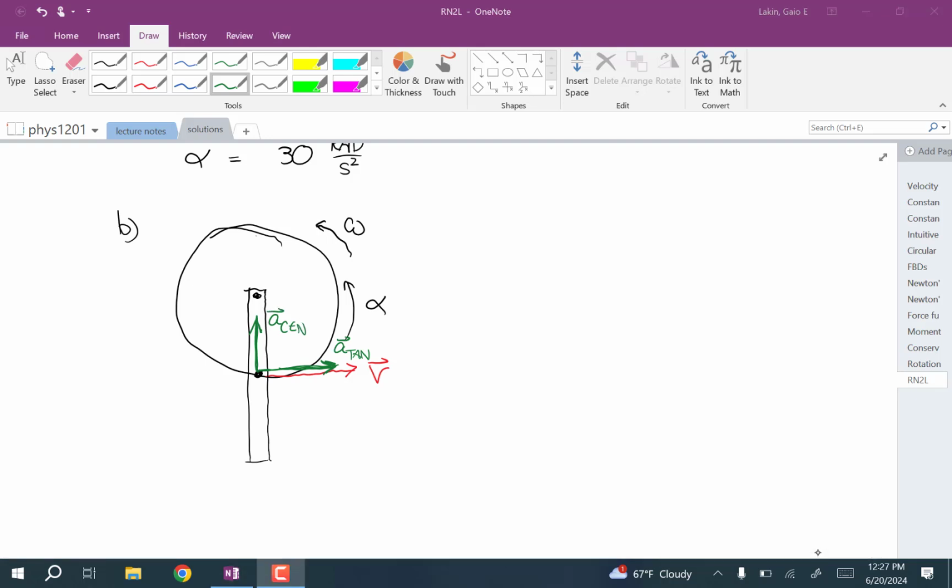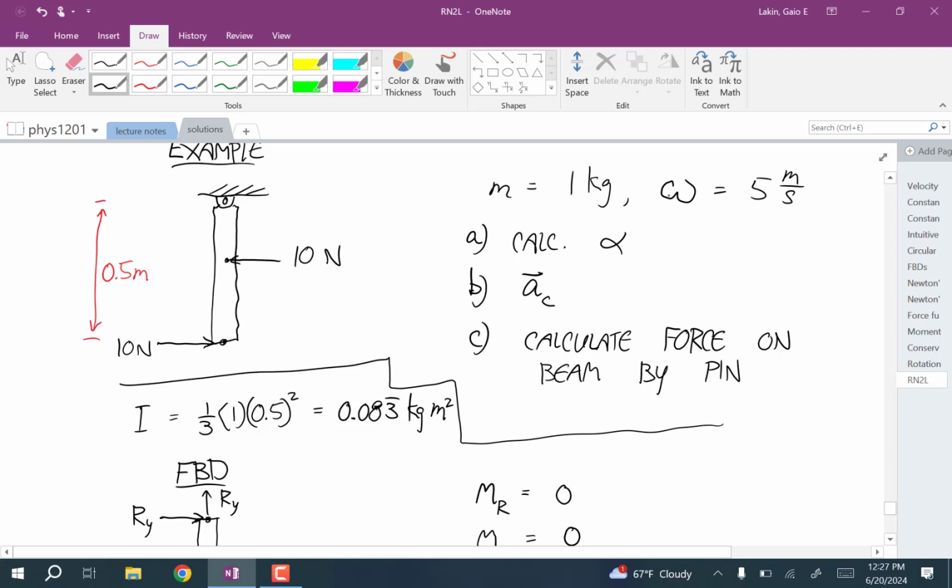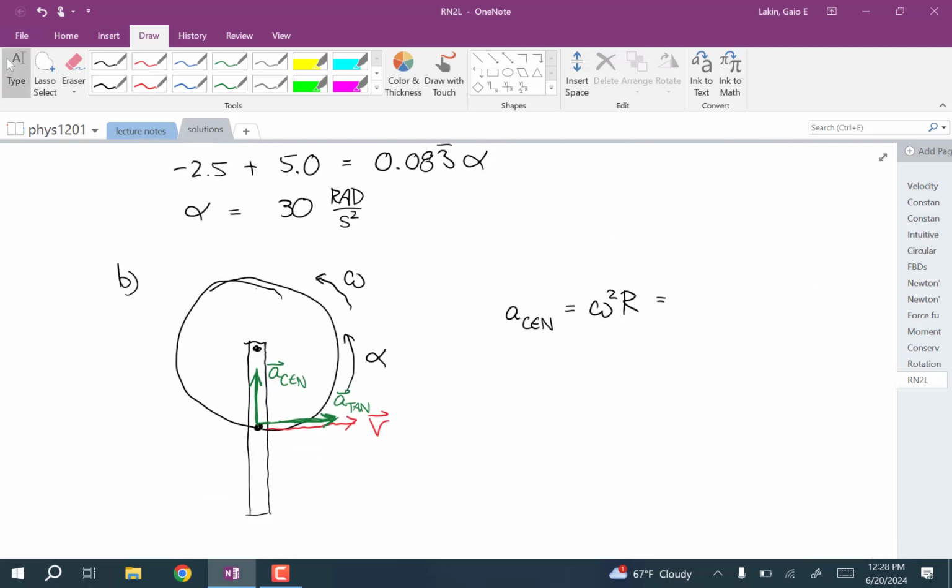And now we need to figure out the magnitudes of those two. The magnitude of the centripetal acceleration is omega squared times r. We were given that the angular velocity is 5, and so this is going to be 5 squared times the radius of this circular path. That's not the whole length of this thing.